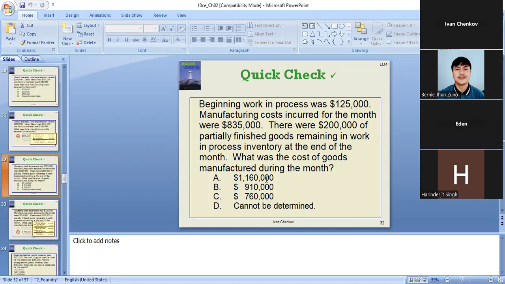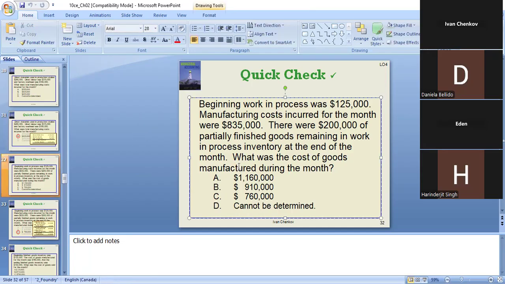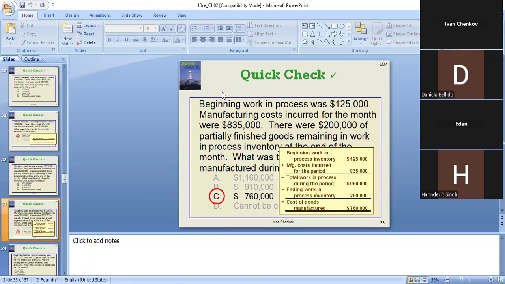Now the question is, how much is the cost of goods manufactured? 760, like letter C. Let's see if that's the case. Yes, it's 760. How we get it? Beginning balance plus the total manufacturing cost is going to give us available, minus the ending balance, going to give us how much is the cost of goods manufactured.